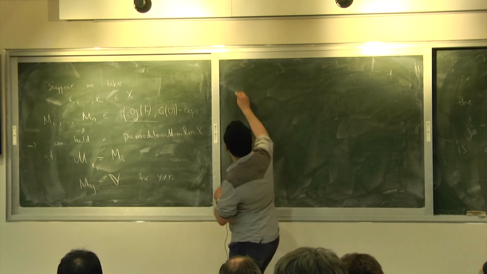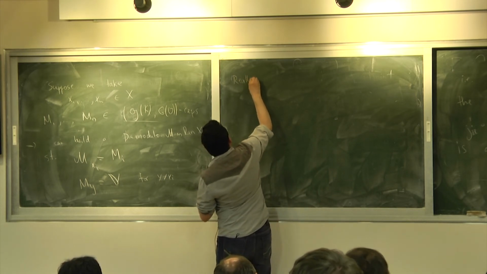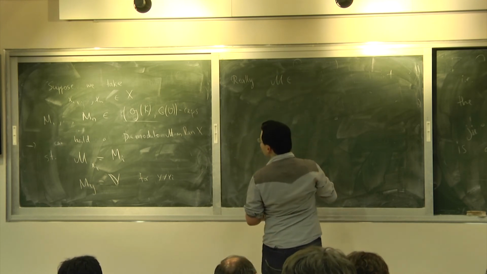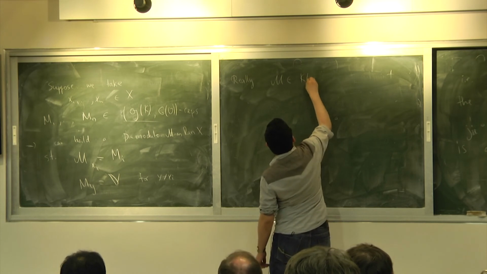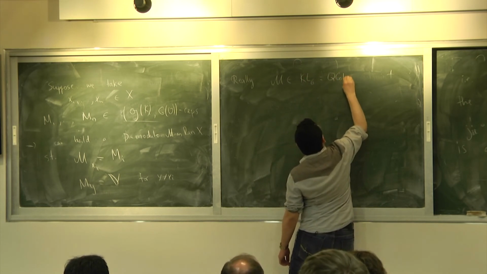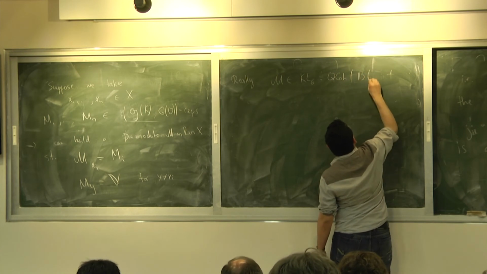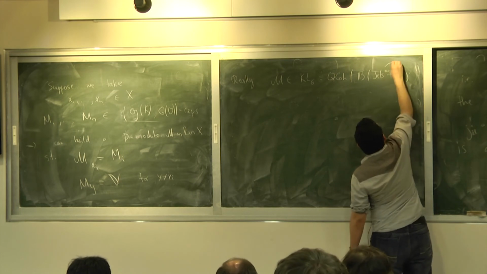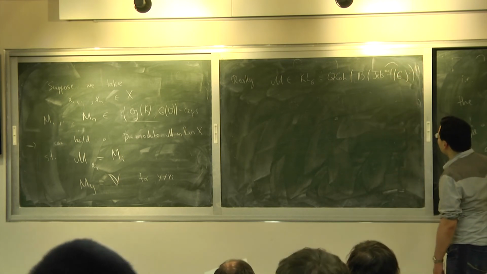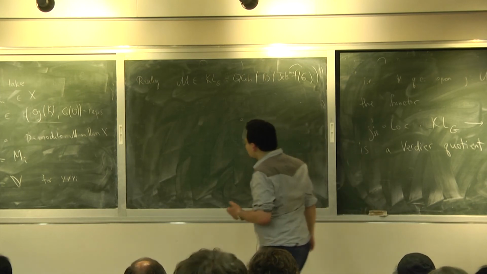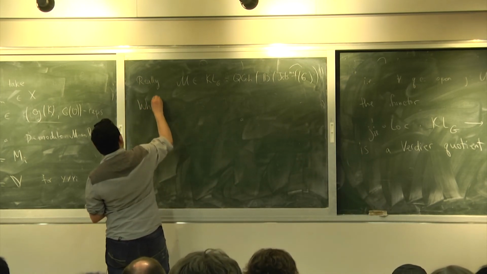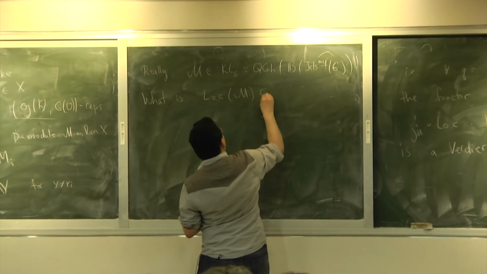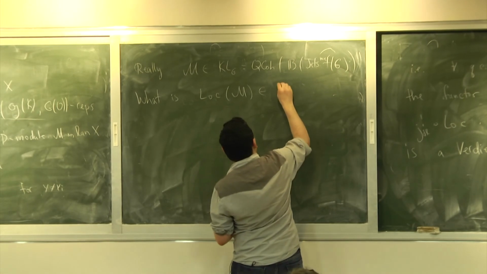So really, this lies in this category that I called KL sub G, which is quasi-coherent sheaves on jets near G hot. So we can actually get it here, and so we can ask what is the localization of this in G mod.